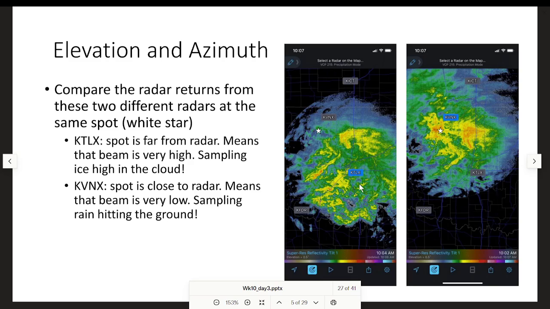So let's compare two different radar returns from two different radars at the same spot. White star. Okay, so this is where the radar is. Okay, both radars are at the same spot.